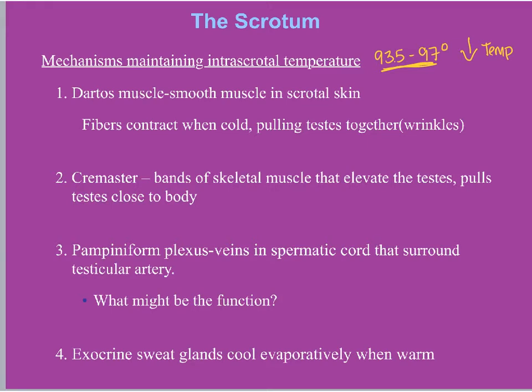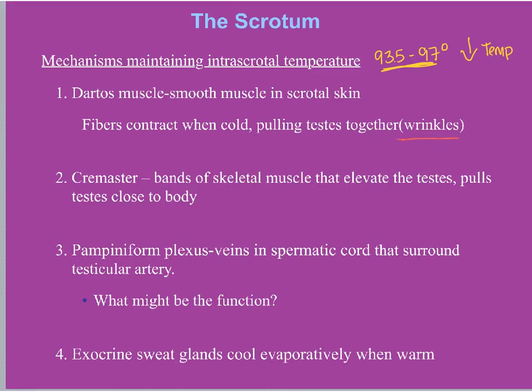Imagine kind of what you do when you're cold. You put the parts of your body closer together rather than further apart. It helps to decrease the surface area to volume ratio and helps to keep structures warm or prevents you from losing heat quickly. So this causes a wrinkling of the testes.